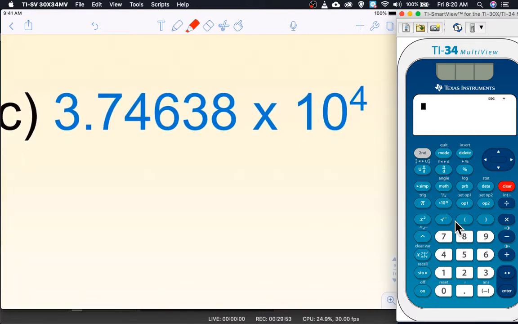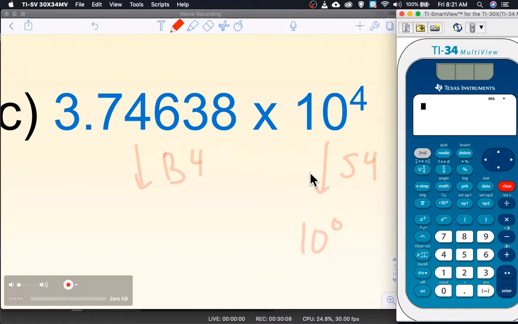Alrighty, so we want this to become a 10 to the power of 0, so our exponent is going to get smaller by 4, which means this piece needs to get bigger by 4, and that would be, well, I'm going to move my decimal 4 places, and if I move the decimal to the right, the value gets bigger.